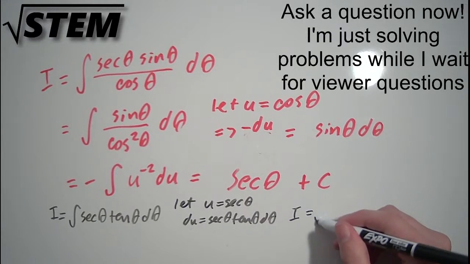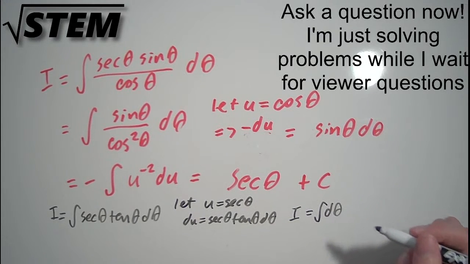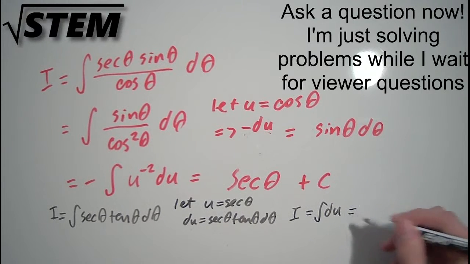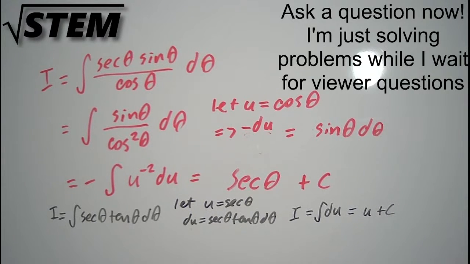It would be the integral of du. So it would just be u plus c, and we said that u is secant. So yeah, that actually would have worked. So that's neat. When you can get it to come out as the same result multiple ways, that's a good sign that you have the right solution.